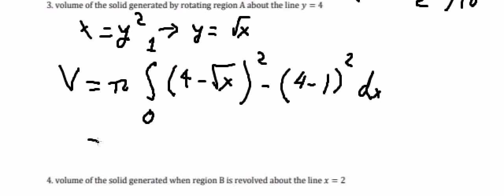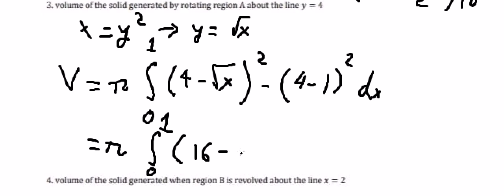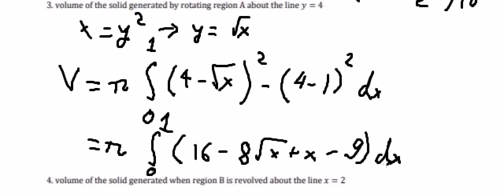So we get the integral from 0 to 1. This one you get 16 minus the square root of x plus x. This one, 4 minus 1 is 3. 3 to the power of 2 is 9. 16 minus 9 you get 7.